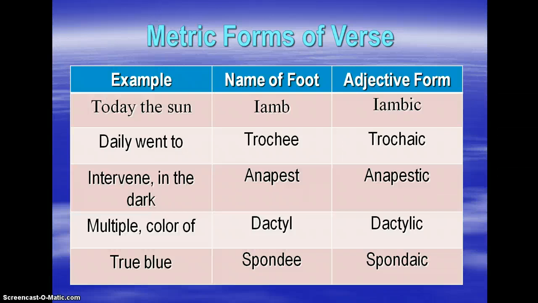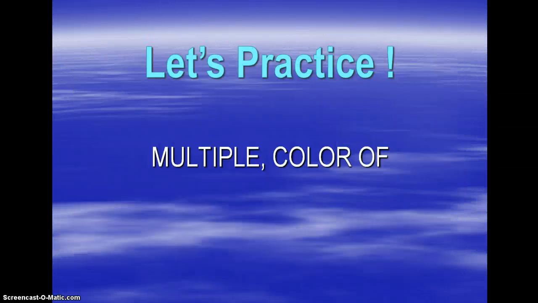And we just did "today the sun," which is an iamb, which consists of unstressed and stressed syllables. And then "daily went to," the trochee, which is the other way: stressed, unstressed. Now we're going to look at an anapest. "Multiple color of."